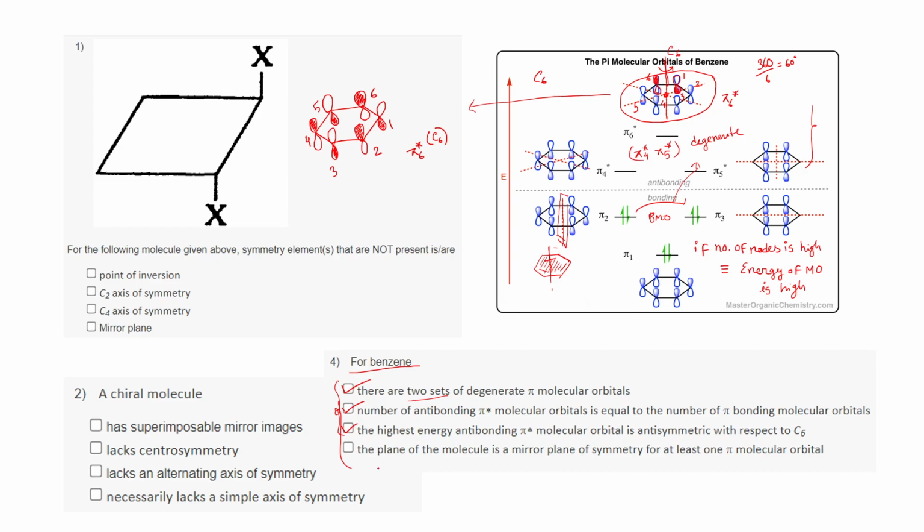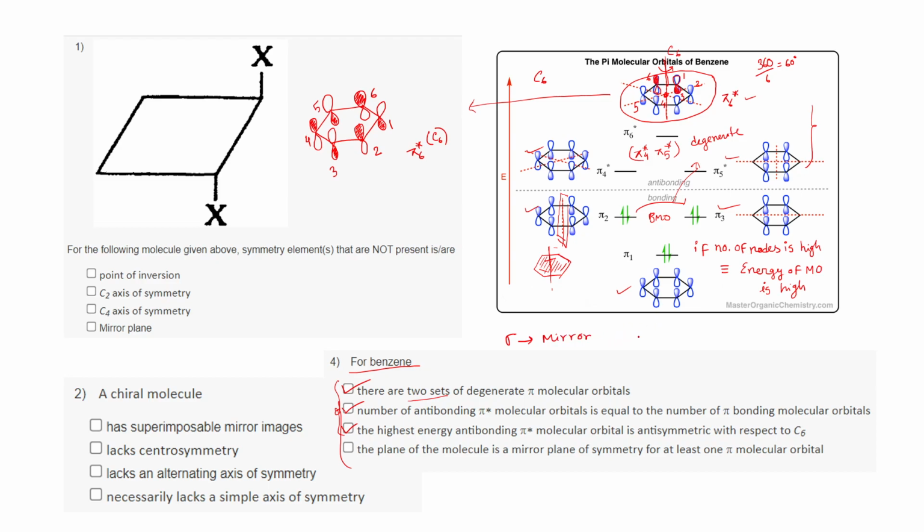So what about the plane of the molecule being a mirror plane of symmetry for at least one of the pi molecular orbitals? Can you see, there is one molecular orbital here, 2 are here, 5 and 6 molecular orbitals are here. Can you tell me if for any molecular orbital sigma, the mirror plane symmetry element, is a symmetry element?